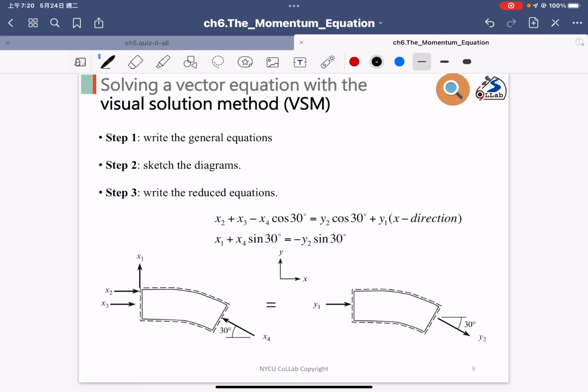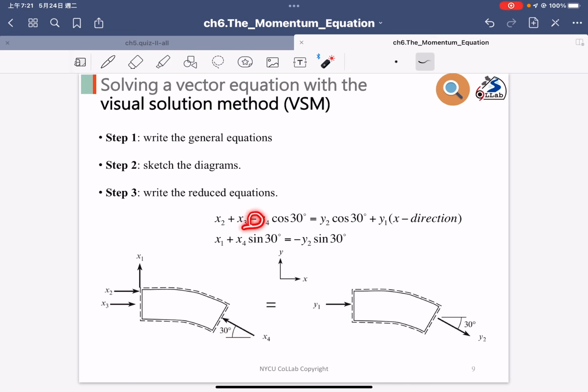Okay, so the next one: if the left hand side and the right hand side are vector equations, usually we draw the diagram for each, and then we just make the balance for the same directions. As you can see, for the x direction, we have x2, x3, and we need to project x4 with cosine theta to the horizontal direction, but with the negative direction.